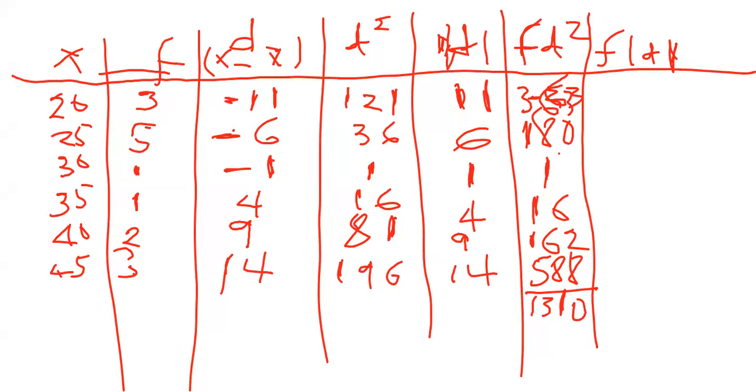Then the next thing is the modulus. That 11 times 3. That will be 33. Then 6 times 5. I hope that one is 30.